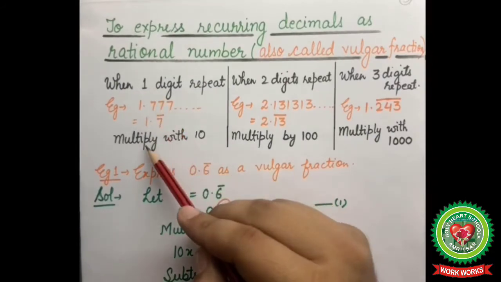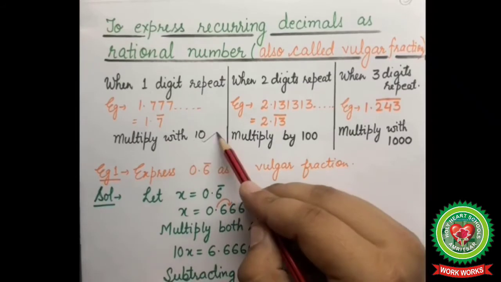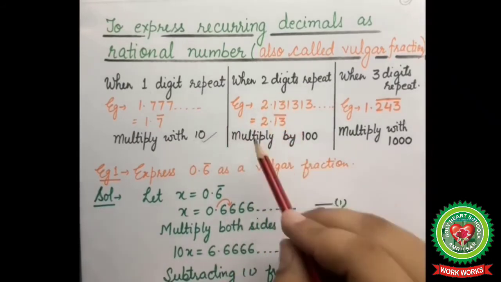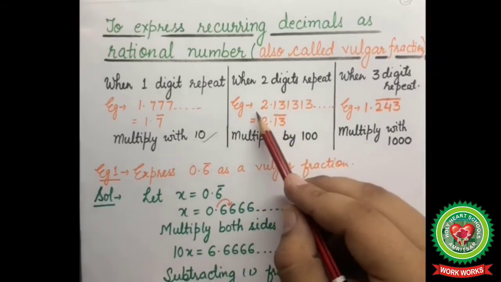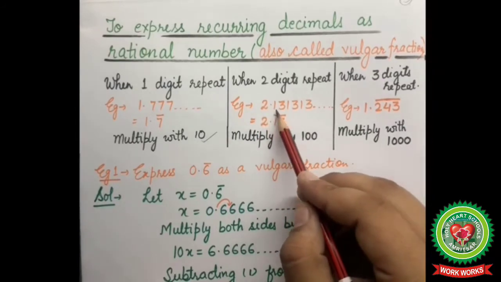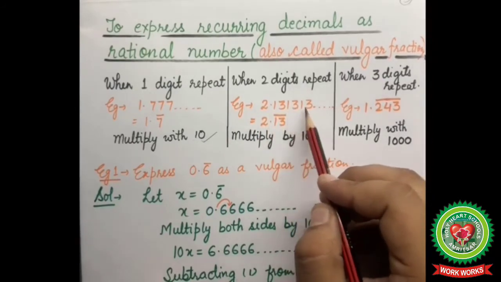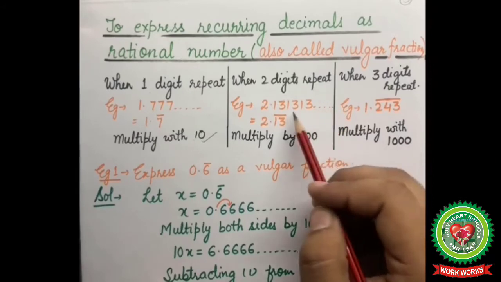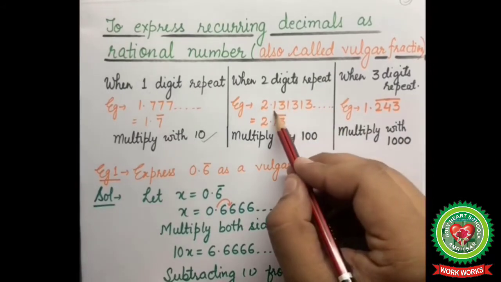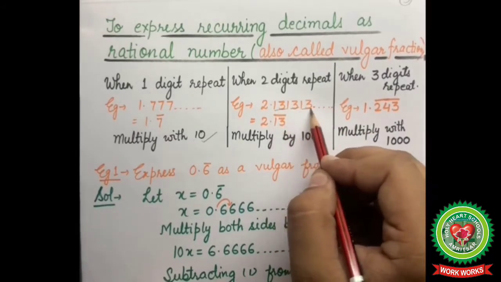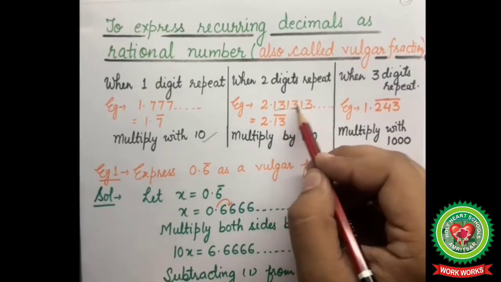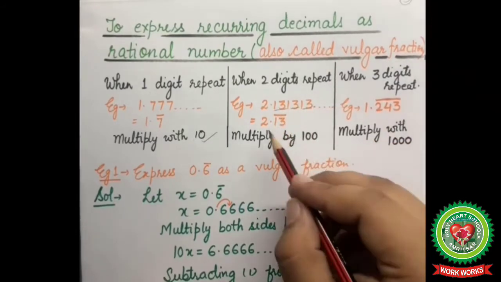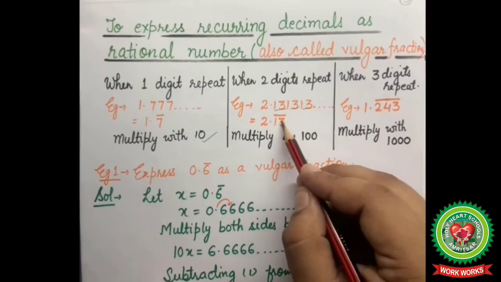So we are going to multiply with 10. Now in the other case, if we see the example 2.131313 and so on, in this case there are two digits after the decimal which are being repeated, that is 13 13 13. So which will be written as 2.13 bar.